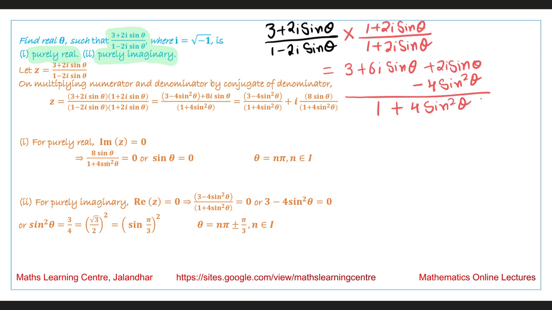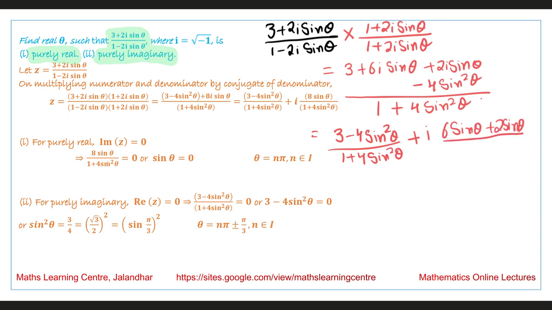So separating the real and imaginary parts, we obtain these two terms: (3 − 4 sin²θ)/(1 + 4 sin²θ) + ι(6 sinθ + 2 sinθ)/(1 + 4 sin²θ).